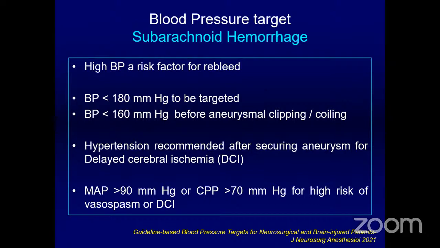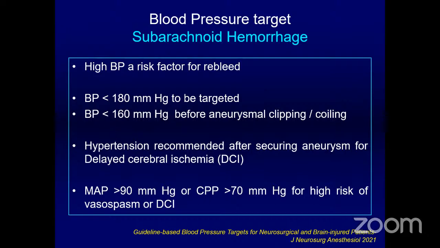And hypertension is recommended after securing the aneurysm for delayed cerebral ischemia, the DCI, which happens after the aneurysm is secured. So in that time, you have to have an induced hypertension. So at this time, we have to ensure that the mean arterial pressure is more than 90 millimeters of mercury and that cerebral perfusion pressure is kept at more than 70 for high risk of vasospasm or delayed cerebral ischemia.